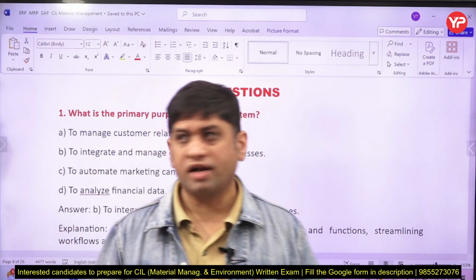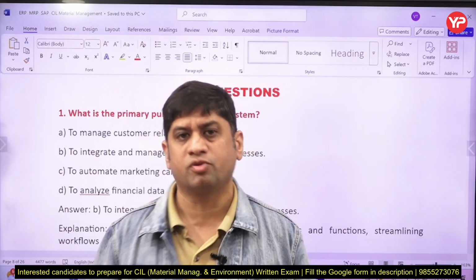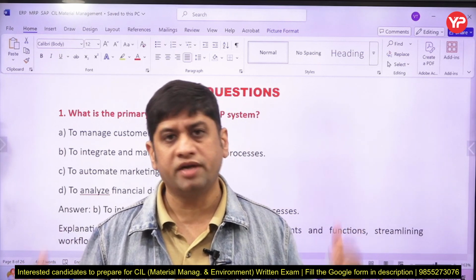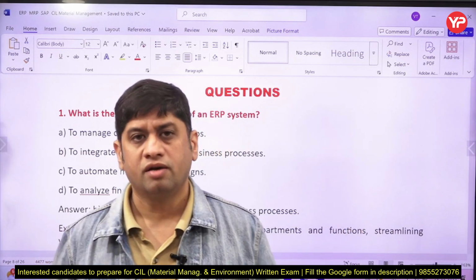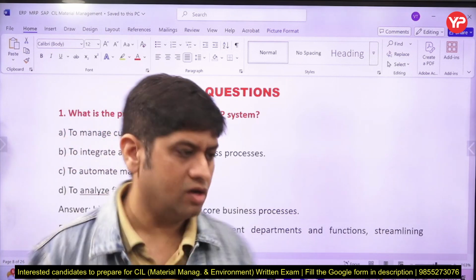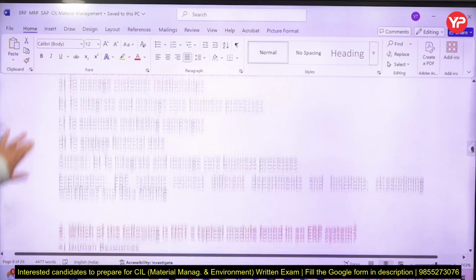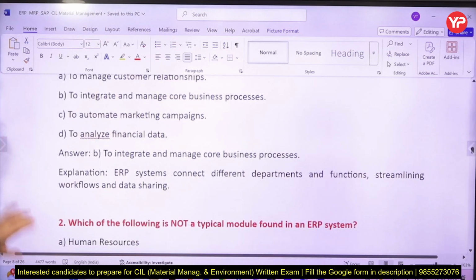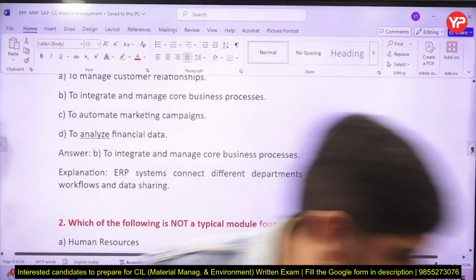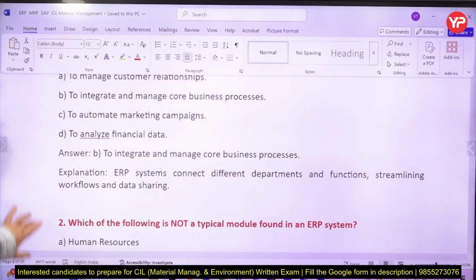When the organization becomes diversified, it becomes complex, with different departments, processes, and systems. You need to integrate all of these and manage them well, with the overall objective of getting more productivity and better efficiency. Different departments and functions are all connected together.